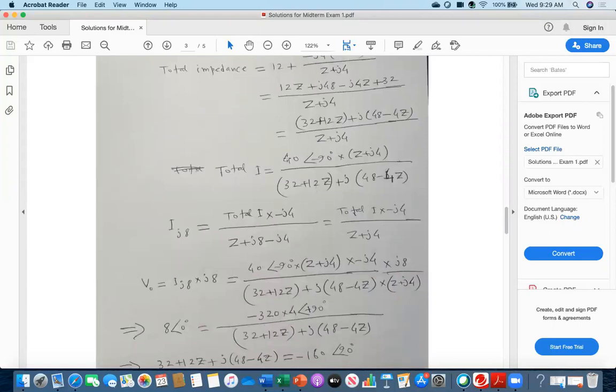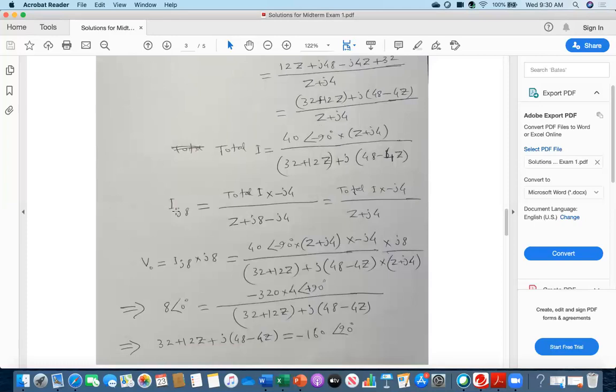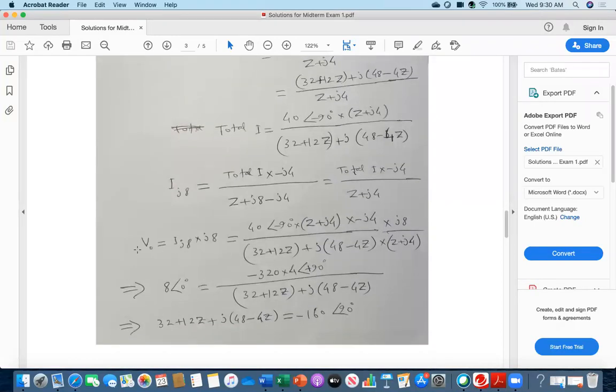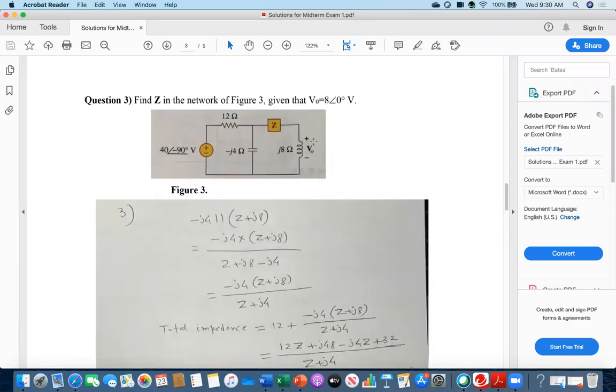And then you have the total current expression, substitute that in there. In one step I have written, because I have got I J8, this one. So V naught is I J8 multiplied by J8. And then what is I J8? I am substituting this one here and putting that J8, and the total I value, everything I substituted. And then what is that V naught? V naught is 8 at angle of 0, which was given here in the statement.